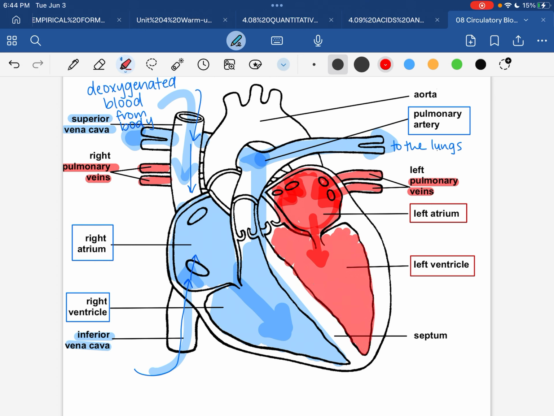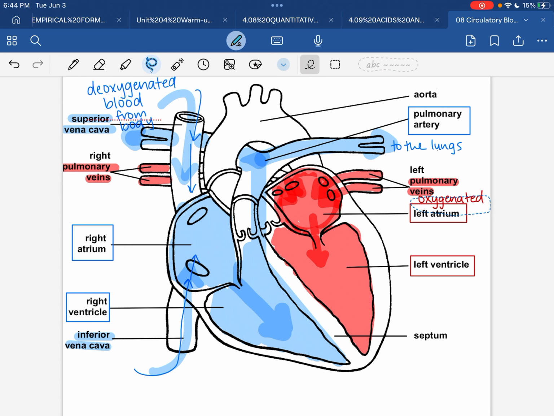It's oxygenated because it went to the lungs already, and now it's getting ready to be pumped to the rest of the body. So when the blood is in the left ventricle, it's going to be oxygenated. And actually, it's going to be oxygenated when it enters the heart from the pulmonary vein.